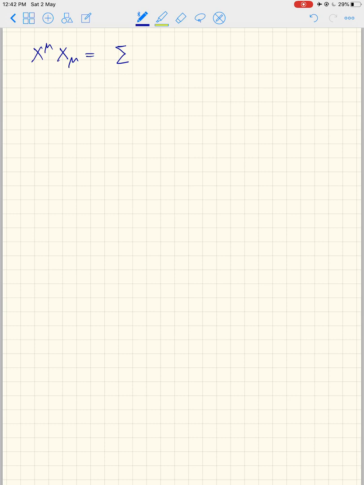It's the sum over mu equal to 0 to 3 of x mu upstairs, x mu downstairs, which is x naught upstairs, x naught downstairs, plus x1 upstairs, x1 downstairs, plus x2 upstairs, x2 downstairs, plus x3 upstairs, x3 downstairs.